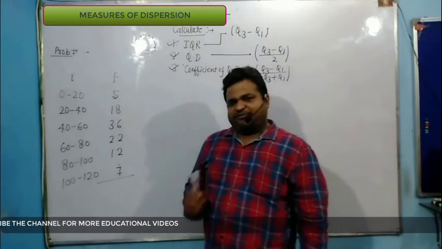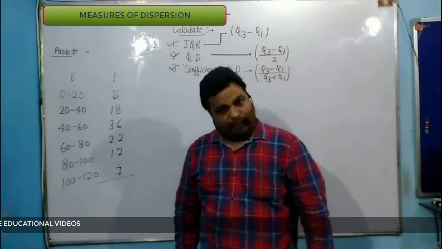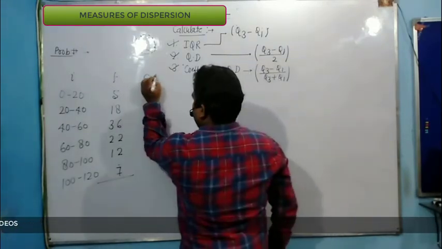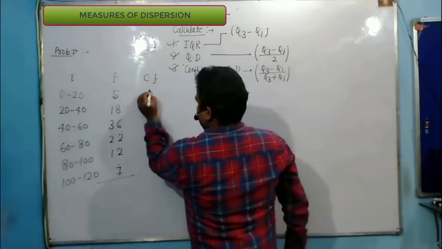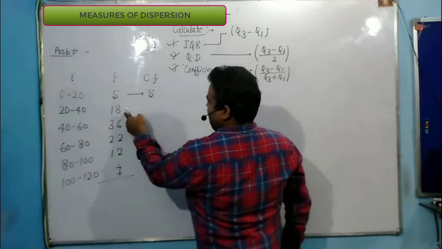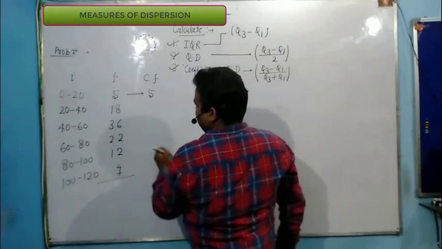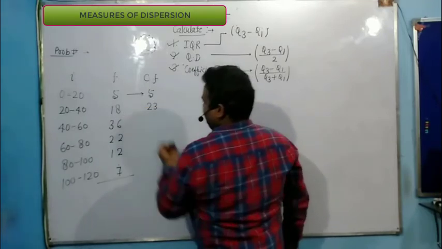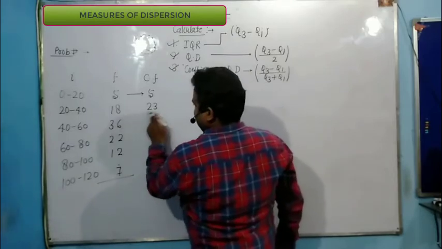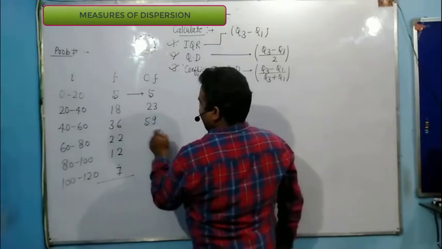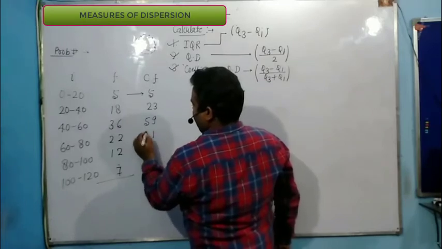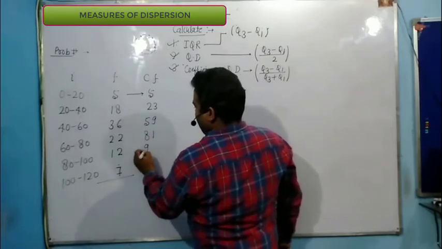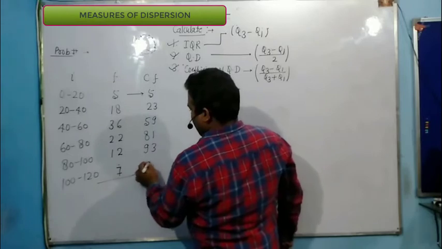My first step is to find the cumulative frequency, which is the addition of all frequencies one by one. So this 5 remains the same, then 5 plus 18 is 23, 23 plus 36 gives 59, 59 plus 22 gives 81, 81 plus 12 is 93, 93 plus 7 is 100.